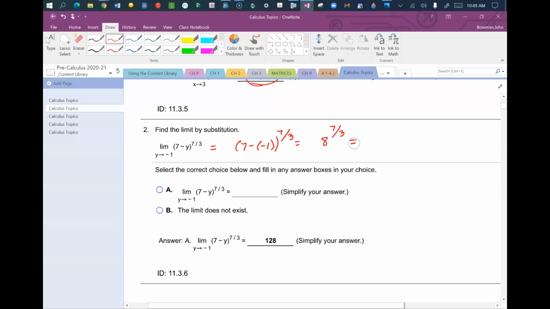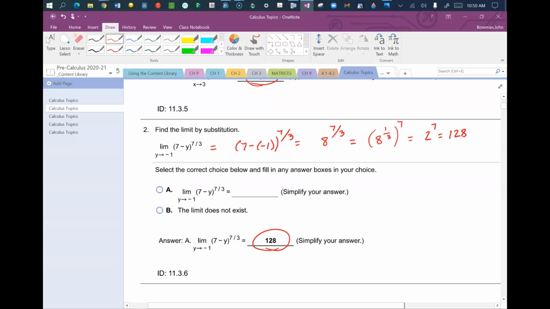If you are doing this without a calculator, there's a smart way to do this. What I would do is take 8 to the 1/3 power and then raise that to the 7th. So the cube root of 8 is 2, so 2 to the 7th, and 2 to the 7th, if you have to, you can count that out, but it turns out to be 128, and so we know that limit by substitution.